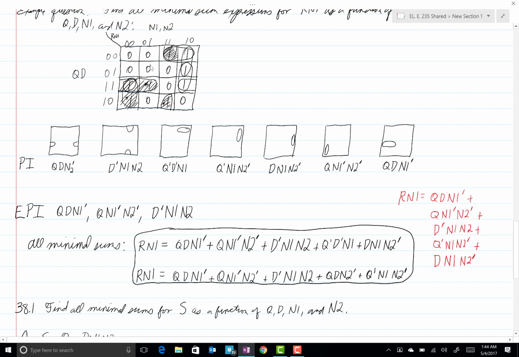So here's the Karnaugh map. Rn1 is the function, and then we have Q and D here on the vertical axis, and N1 and N2 on the horizontal axis.